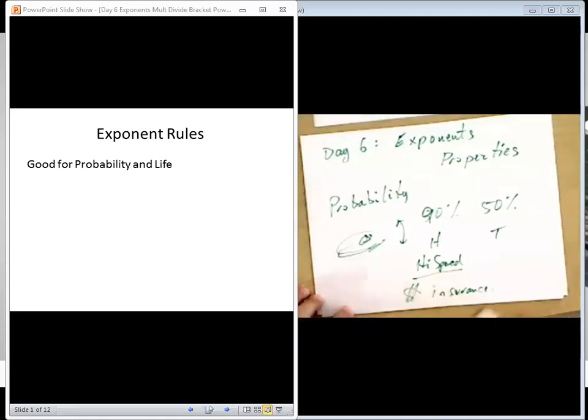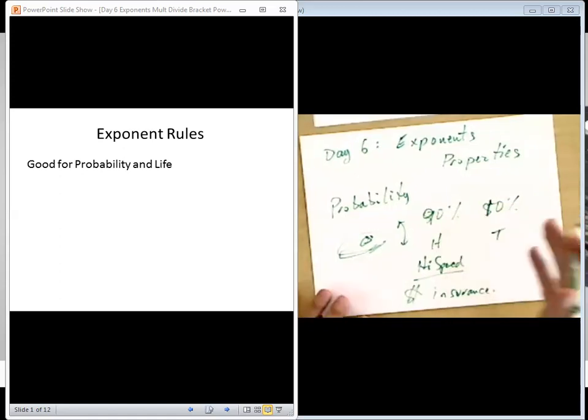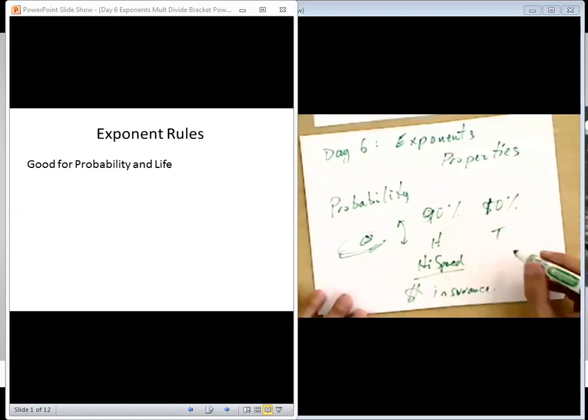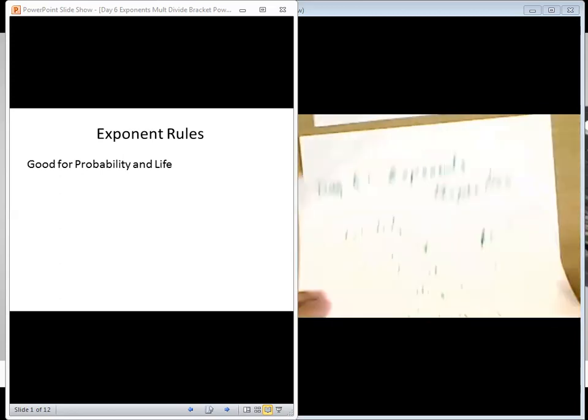Okay, for us regular guys like myself, well, if that's 90, that's 10, has to add up to 100, right? If that's 10, then I should be able to enjoy a low-cost insurance, right? So that's all related to the probability.